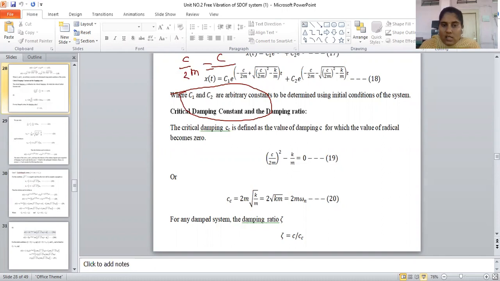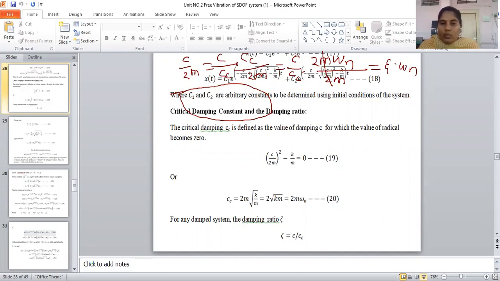So C by Cc, that is the zeta, into Cc upon twice M. So you understand here there is a multiplication of Cc and divided by Cc, means it will be equal to 1. Okay, after that there is a C upon Cc, that is nothing but zeta value, into Cc, that is twice M omega n, divided by twice M, means it will be equal to zeta into omega n, that twice M is getting cancelled.